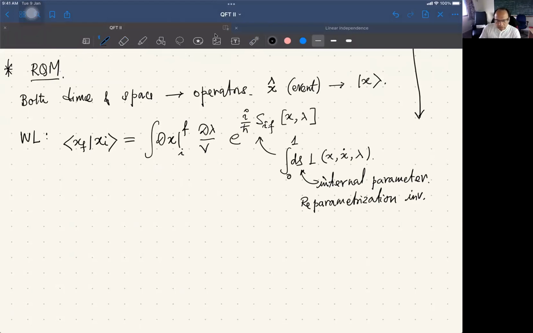However, the parameter associated to the symmetry is not a physical parameter, so it's not a physical symmetry. It actually indicates that there are redundant degrees of freedom. There are configurations which look different but are actually physically equivalent. And it is because of that that we have to divide the path integral by the corresponding gauge volume.